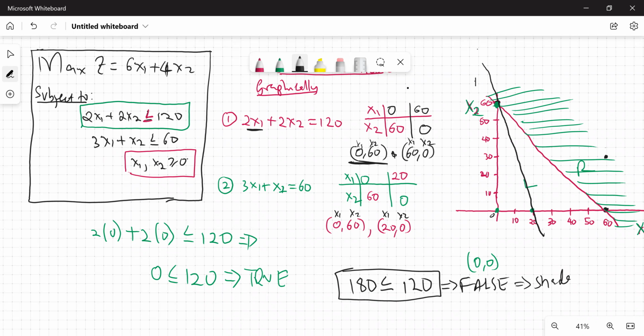Then do you shade the left-hand side or the right-hand side? You pick a convenient point on either side. And 0, 0 will come to our rescue. So we put 0, 0, which is on the left-hand side. That means 0 plus 0 is less than or equal to 60, which is true. So again, we're going to shade that side.